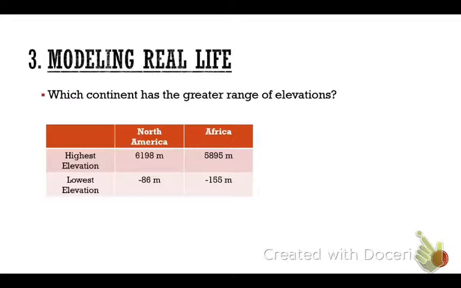So for North America, I'm just going to put N America. Go ahead and do this underneath. So whatever I'm writing down, you want to also write down in your notes. Let's take the highest elevation, 6,198 meters. And I am going to subtract the lowest elevation. What's the lowest elevation in North America?